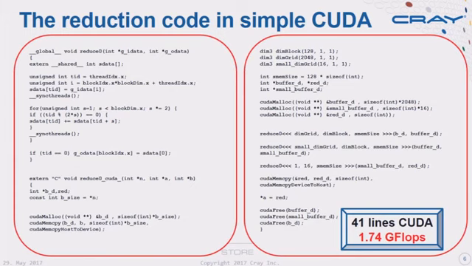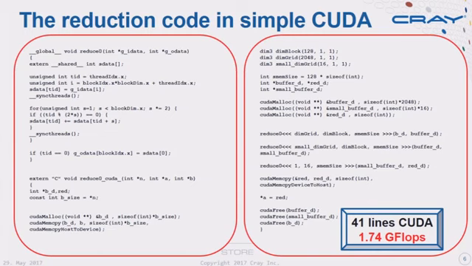If you do a trivial one, you end up with around 31 lines, and at the end you get 1.7 gigaflops. So the performance drops down since you maybe did not do the perfect tuning for your hardware.